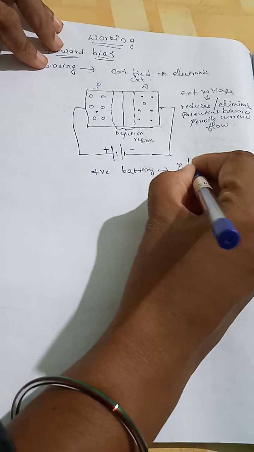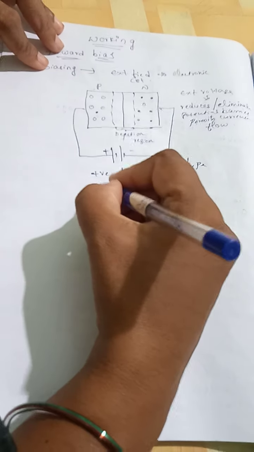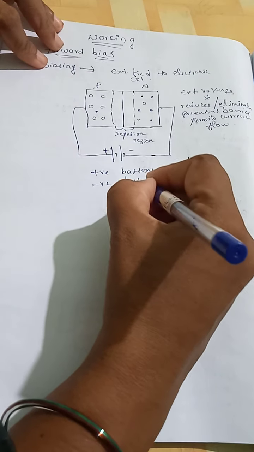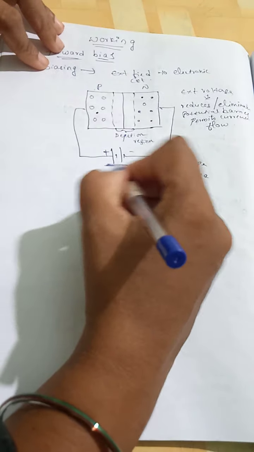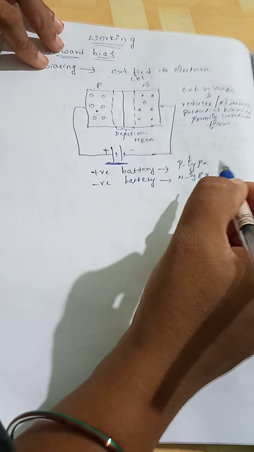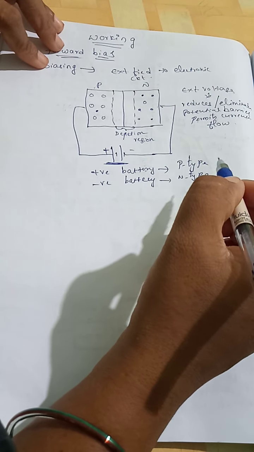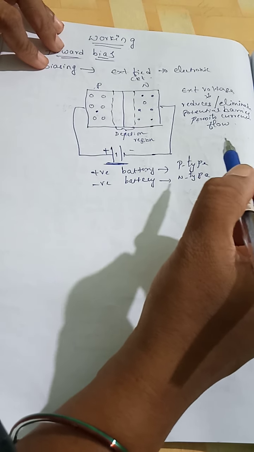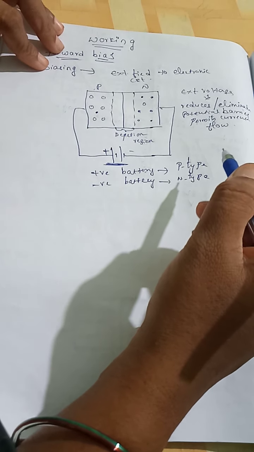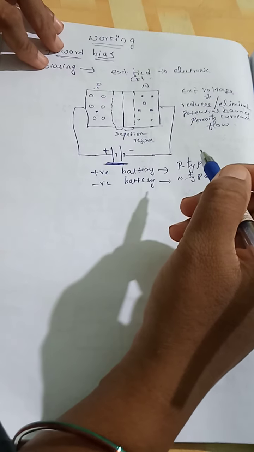The potential which we apply is such that it must make the majority carriers overcome the potential barrier and cross the junction.